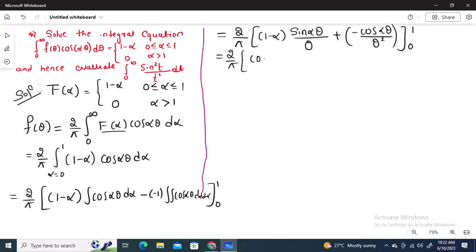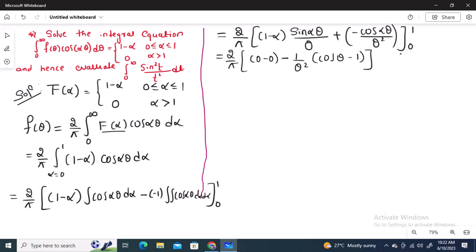So that is 0 minus 0 minus, because plus into minus is minus, theta square I'll write outside, 1 by theta square cos alpha theta. Alpha value is 1 at the upper limit, therefore it is cos theta, minus the lower limit 0, therefore cos 0 is 1.